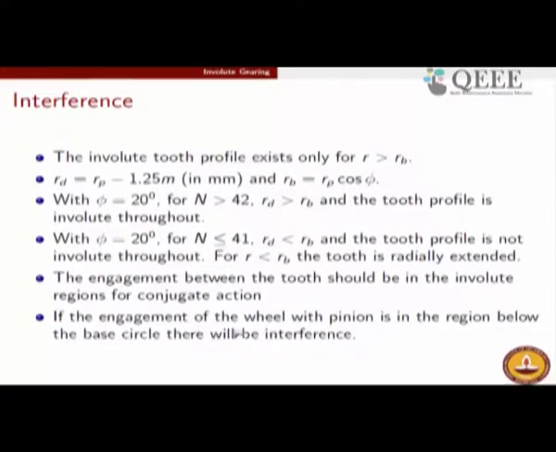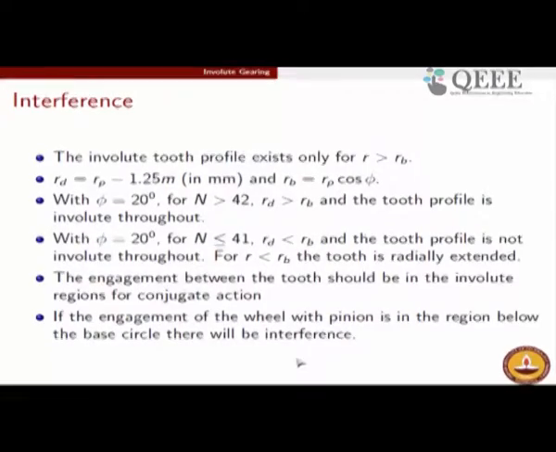Okay. So if the engagement of the wheel with the pinion is in the region below the base circle, then there will be an interference, because conjugate action is not going to happen. Conjugate action, by the way, simply means the action of engagement between two gear tooth profiles which satisfy the fundamental law of gearing.